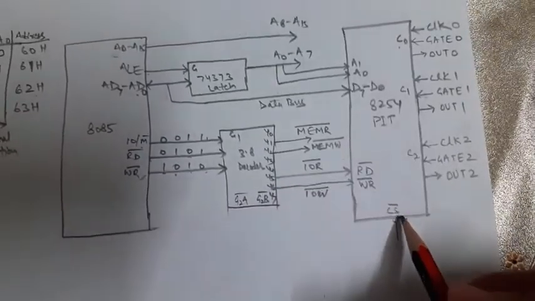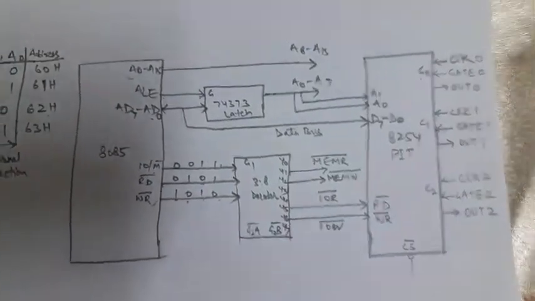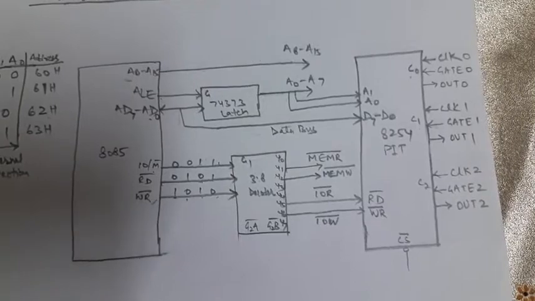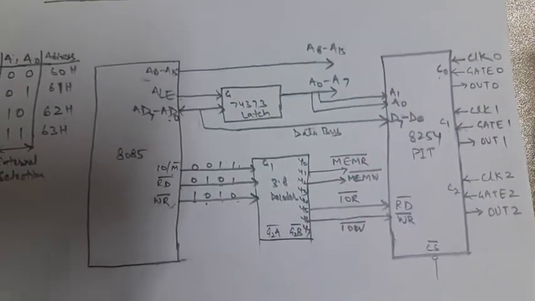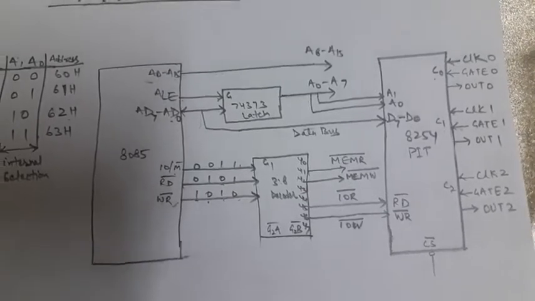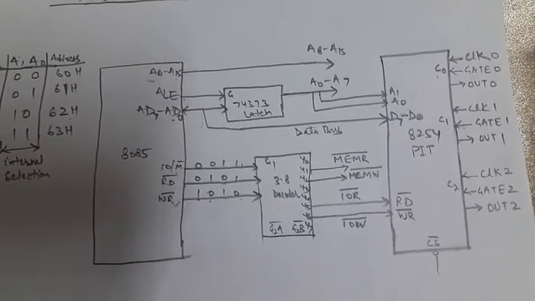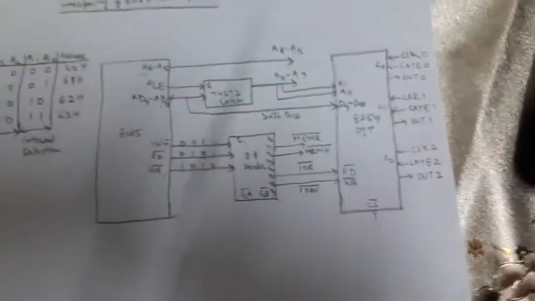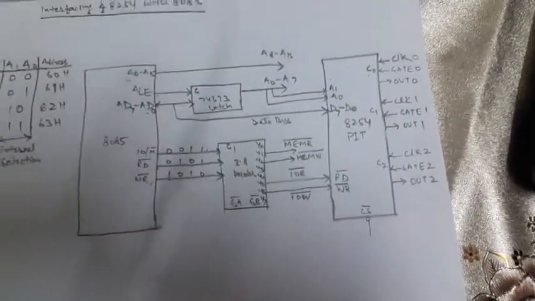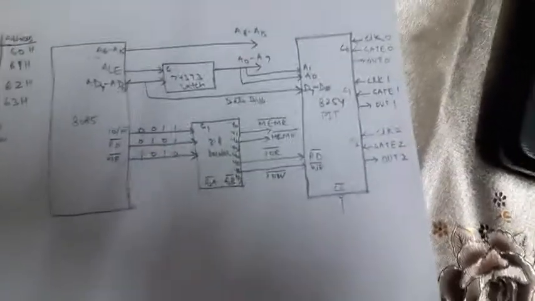Now this is the signal CS bar, which means chip select. It may be possible that in an interfacing question we are provided with the addresses. In the question the addresses are mentioned, saying that these are the addresses for that particular chip, so we will use those addresses. Otherwise you can take any random 8-bit address for this 8254.